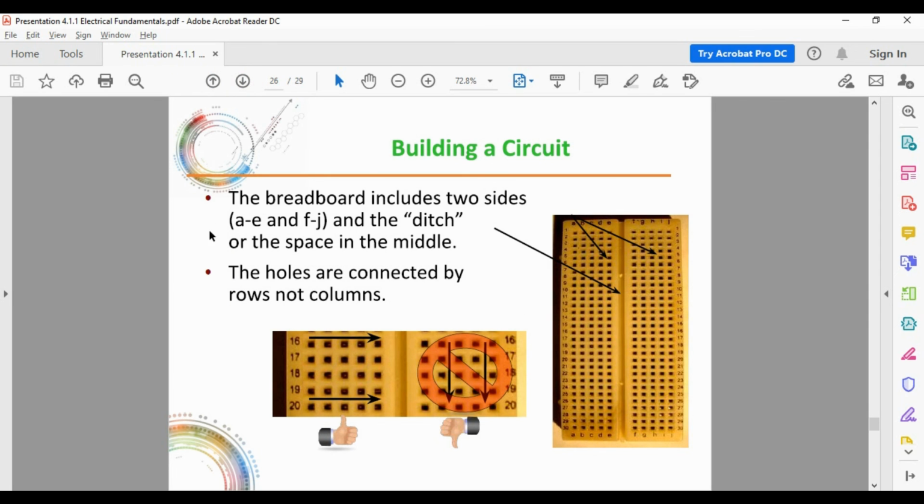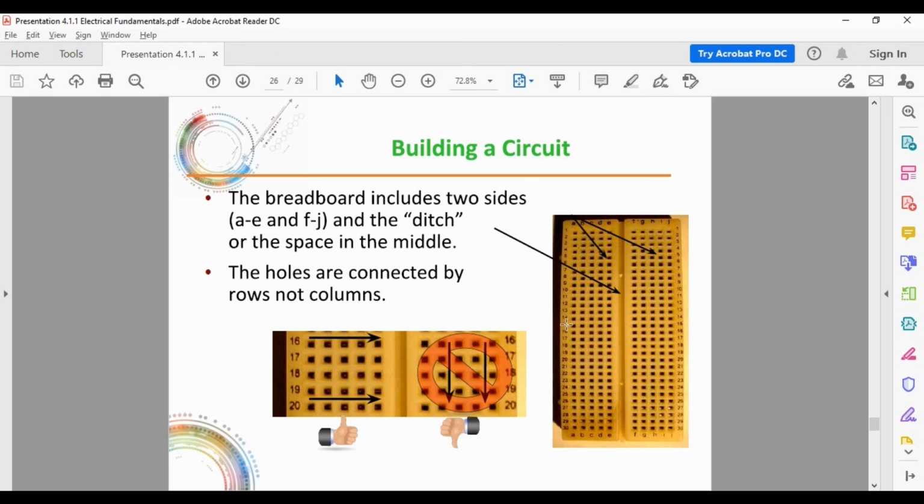This is what's called a breadboard, which helps you combine several electronics. It helps you connect a lot of electronic pieces without having to solder all of those pieces individually. It has 2 sides, A through E, then the ditch, and then F through J. The holes are connected in the rows, not in the columns.